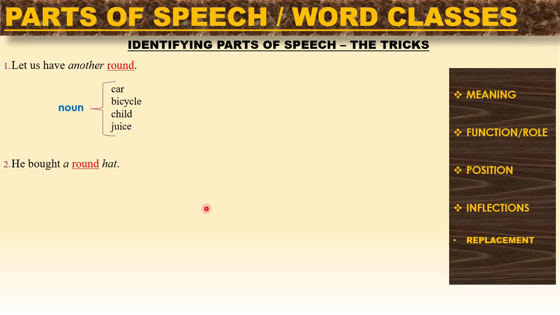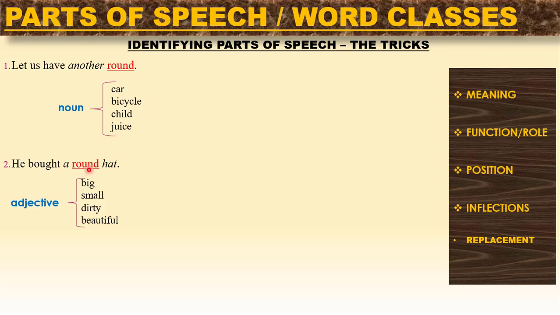In the same way, we can use the replacement test to verify to see the word class of this particular word. We can say, he bought a big hat. He bought a small hat. He bought a dirty hat. He bought a beautiful hat. So what do you think will be the word class of round? Obviously, it is an adjective because it is describing a noun.